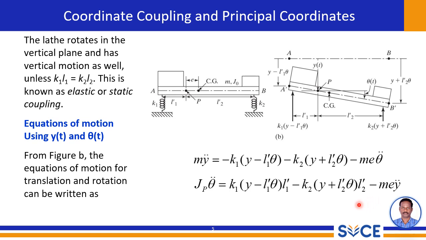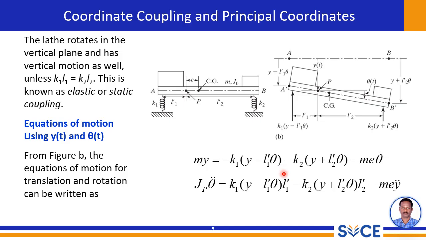These equations are derived from Newton's second law, which we can use for both linear as well as rotational motion. Remember the key to understanding the system: coordinate coupling is where K1 L1 equal to K2 L2.